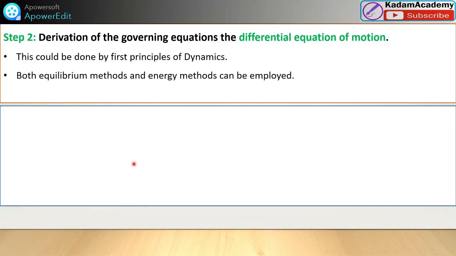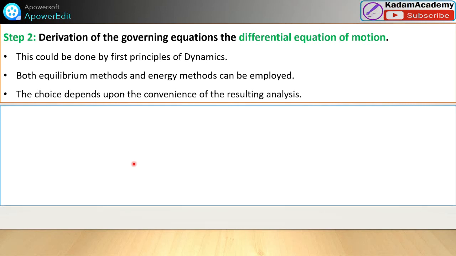Both the equilibrium method and energy methods can be employed for this. So resolving the forces by drawing the FBD, means free body diagram of masses, is considered, and the equation of motion is derived by considering all the mass, inertia forces, reactive forces, or the external forces, etc.